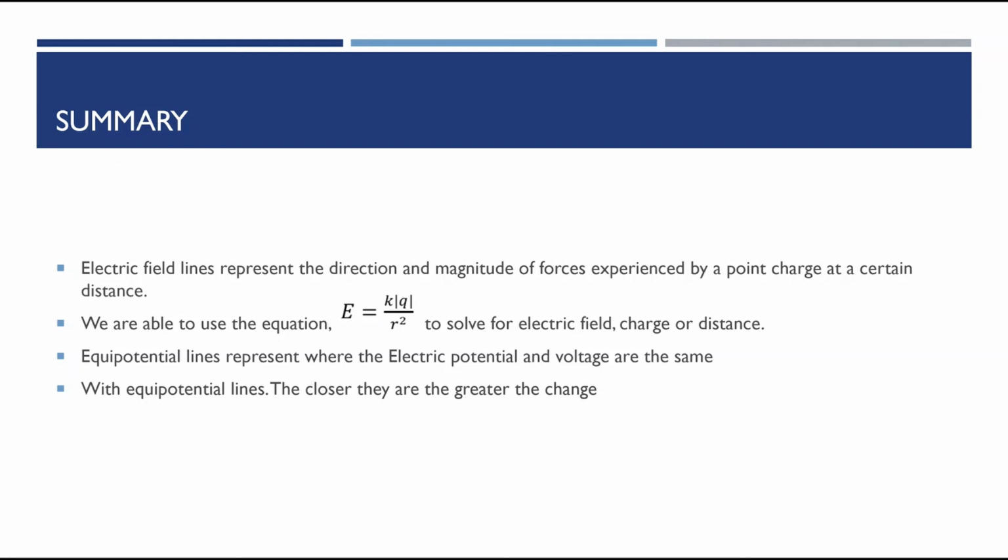Also know that equipotential lines represent where the electric potential and voltage are the same. And also with equipotential lines, the closer the lines are, the greater the change is over a shorter distance. Just like how we saw in the topographic maps, the closer the lines were, the greater the change in elevation.